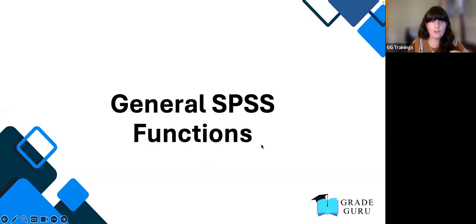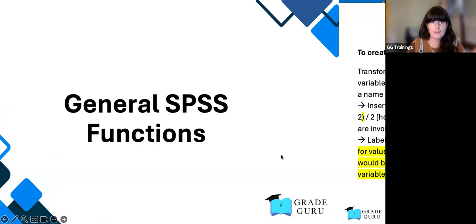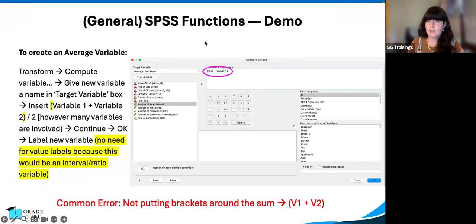Okay, so a few of the general SPSS functions that appear in all of your exercises. Yesterday we did filtering data and recoding into different variables. Today we're going to create an average variable.